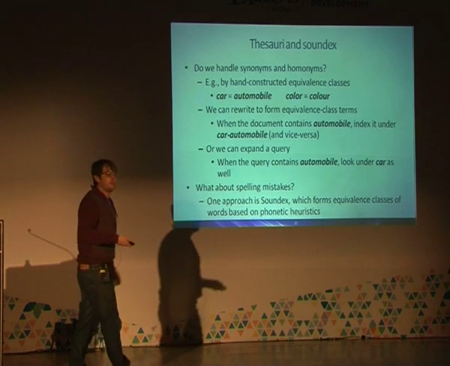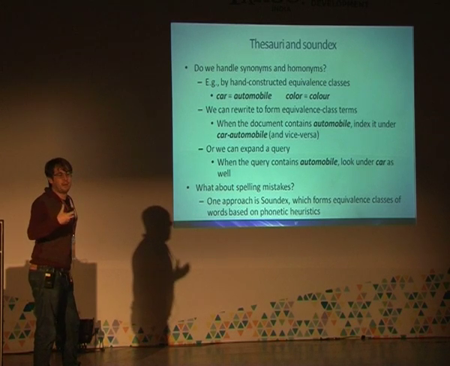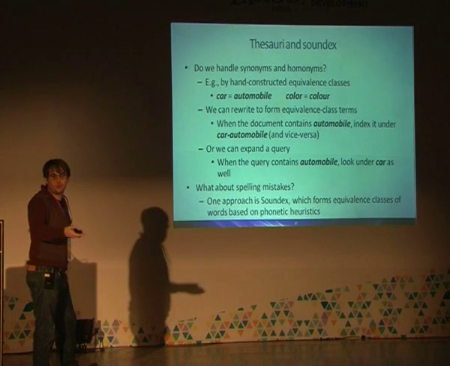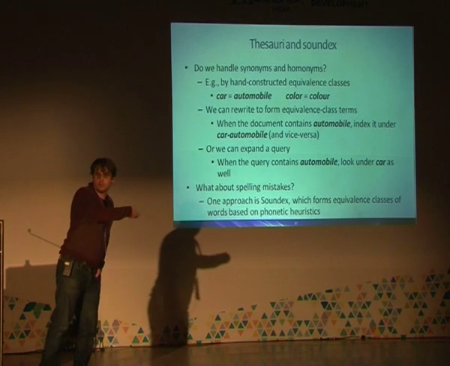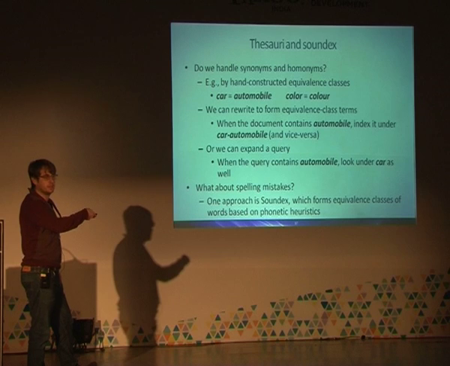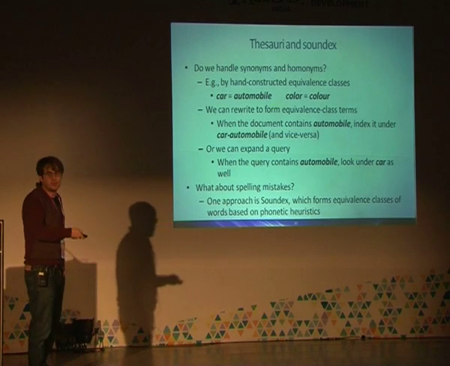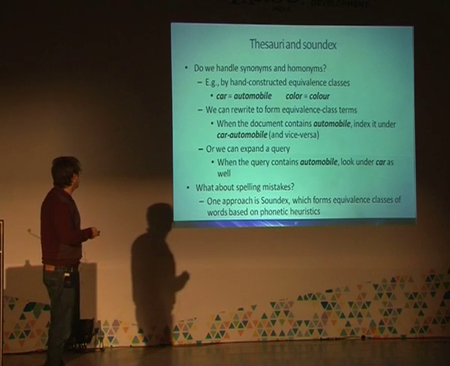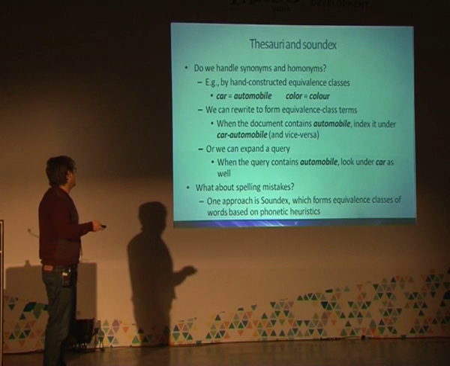some other people have tried to build by hand equivalence classes of words. So like car and automobile, and color, British against American spelling, are the same. So you can rewrite a lot of these things. This is very time consuming. It doesn't scale up. But you might try to do it.